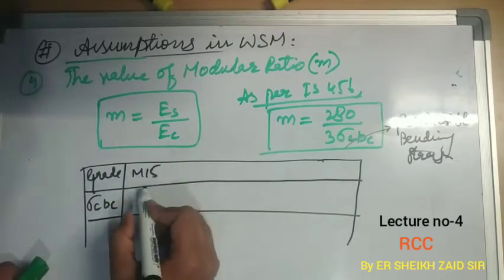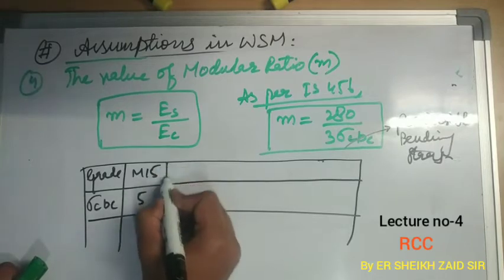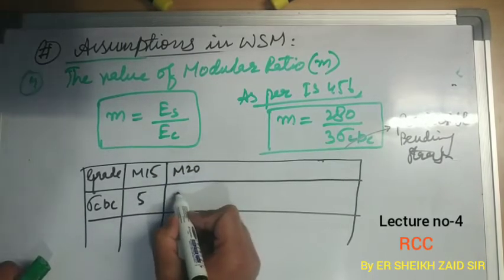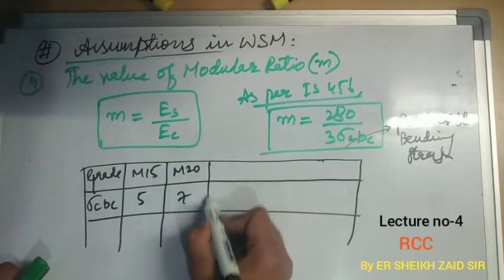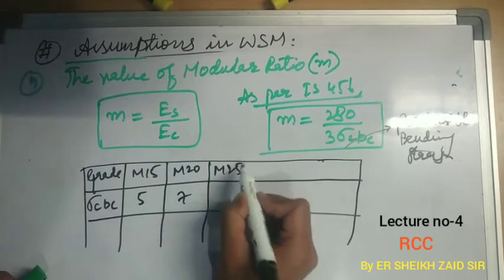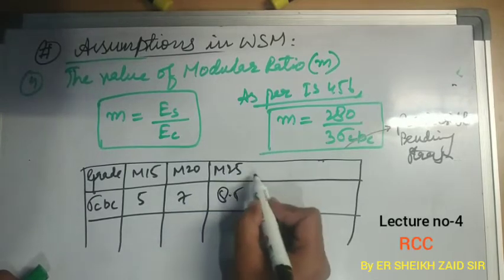For M15, sigma CBC value is 5. For M20, sigma CBC is 7 Newton per mm square. And for M25, its value is 8.5 Newton per mm square.